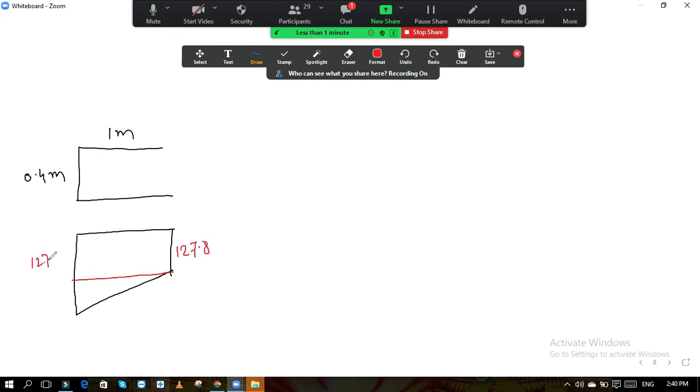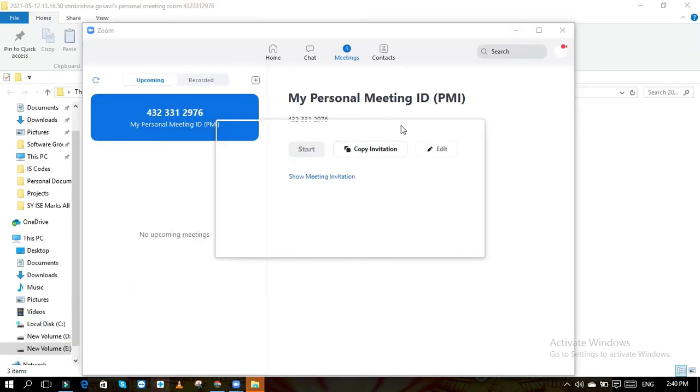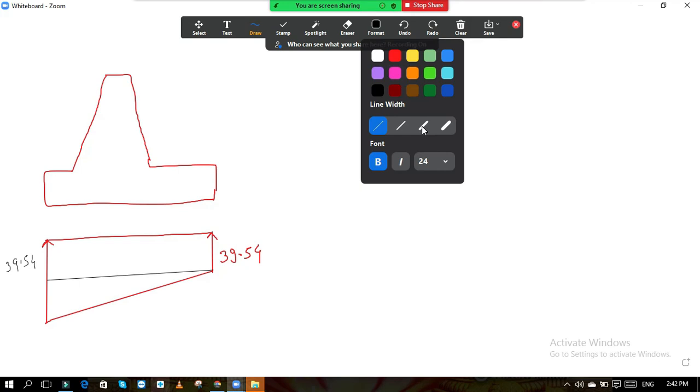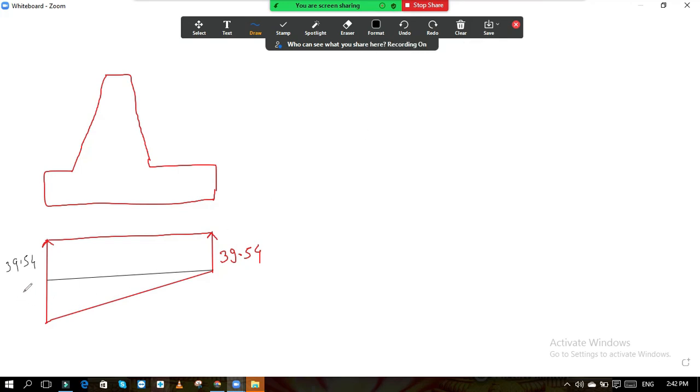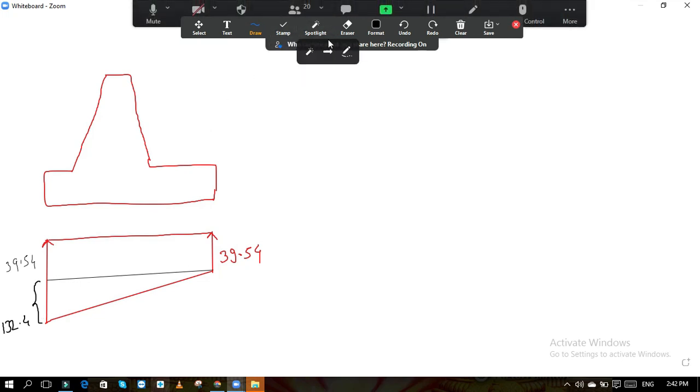This is also 127.8. And this much remaining, it is minus 171. Okay. So this much we need to consider, and remaining this much, 132.4, whatever it may be. Okay. So now we have calculated this value.